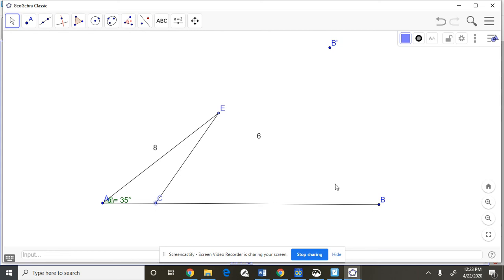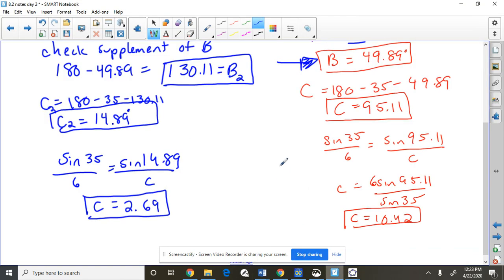The letters on this diagram are slightly different than in my example, but the sides are the same. So there's one triangle with an obtuse angle here, and the other one where that angle is acute. And that's why there's two different cases for this triangle.